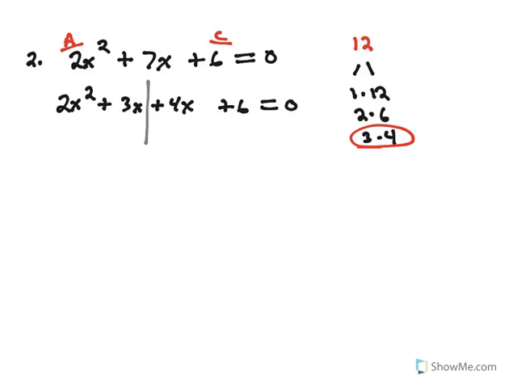I take out the GCF of x on the left side, because x is the smallest exponent, same variable. Choose the one with the smallest exponent, that's the GCF. And then I just have 2x plus 3 left behind. And of course my GCF on the right side is a plus 2.